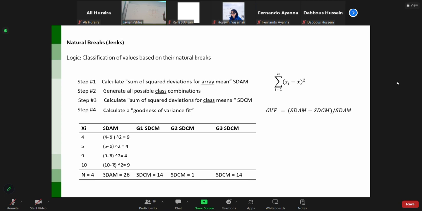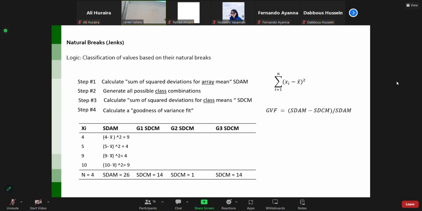Now we need to calculate the sum of square deviation from the class mean. What is the class? The class is 1, from 4 to 4. And this is class number 1, and class number 2 will be from 5 to 10. Do you understand?